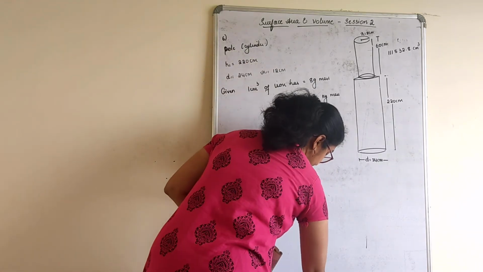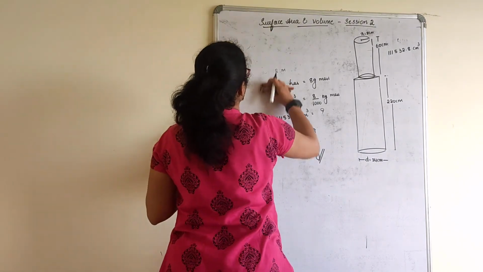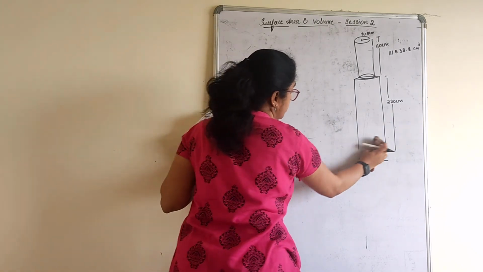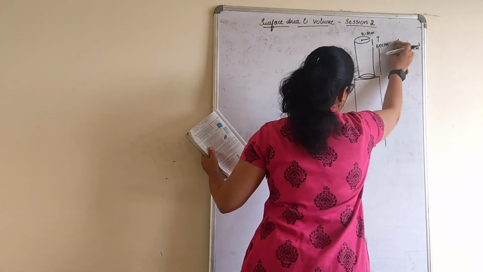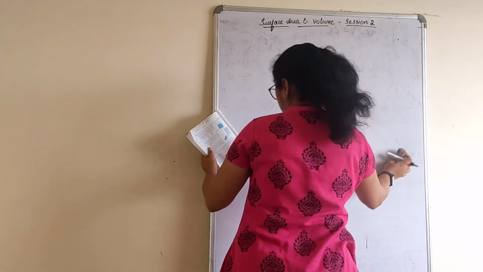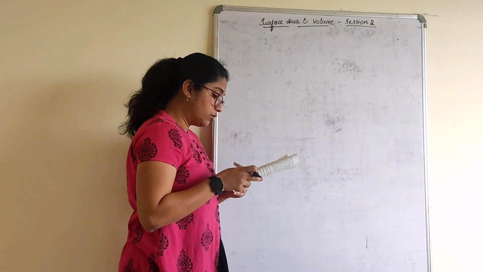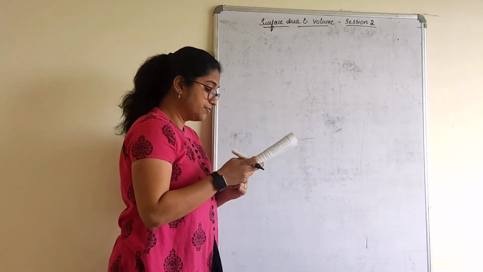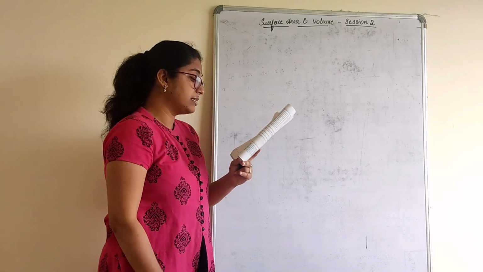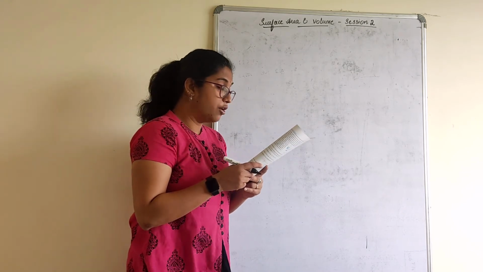7th one. A solid consists of a right circular cone of height 60 cm standing on a hemisphere of radius 60 cm, placed upright in a circular cylinder full of water.